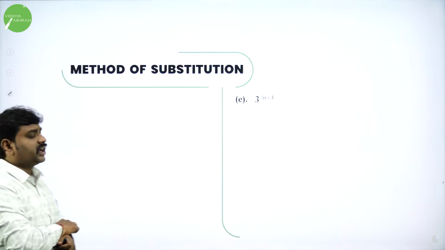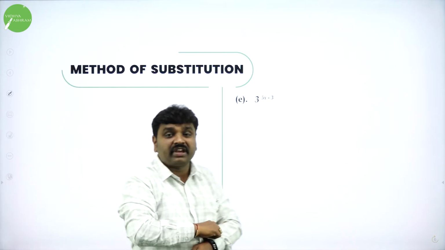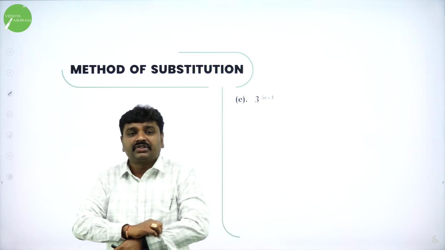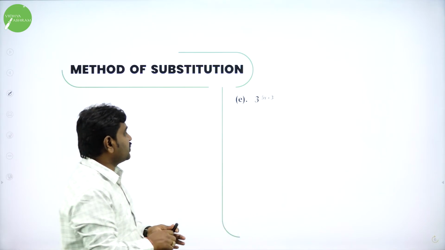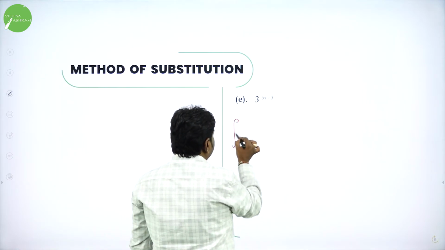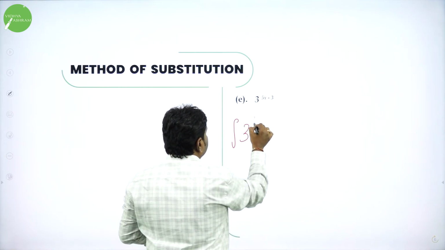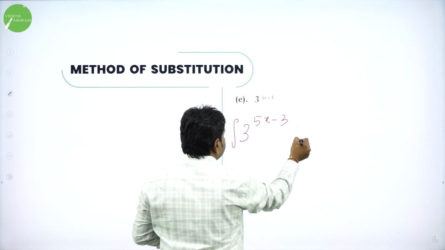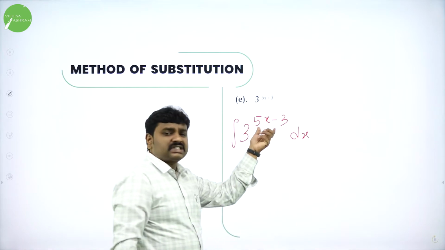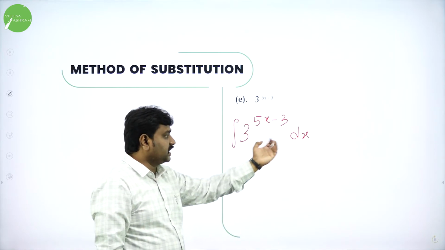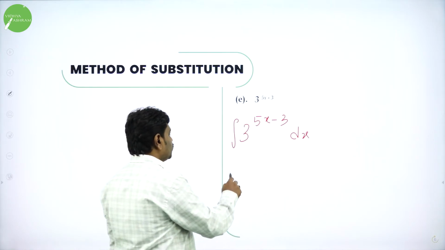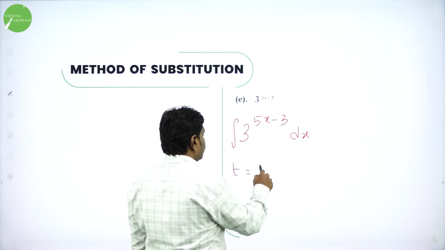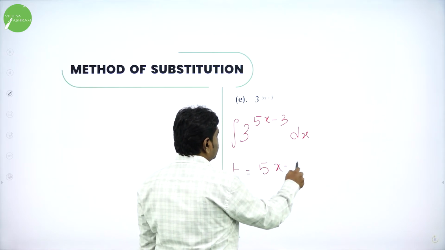Here again it is in the form 3 power 5x minus 3, which is in the form a power x. So integration of 3 power 5x minus 3 with respect to x. Here the power is the internal function. Take that as t and get dx as usual. So put t is equal to 5x minus 3.